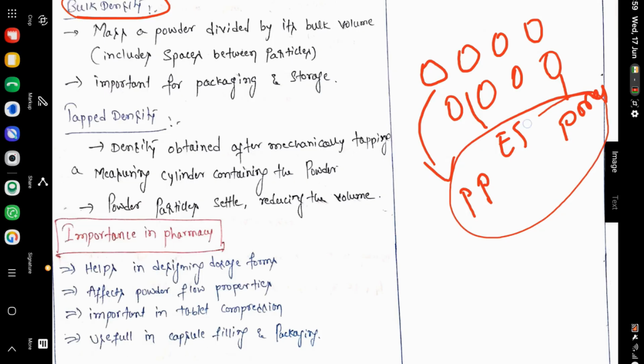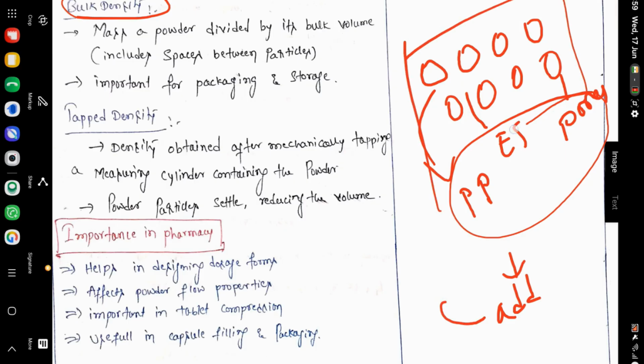All these we add for the bulk density. Bulk density means the total volume, which includes the void spaces between the particles as well as the pores.